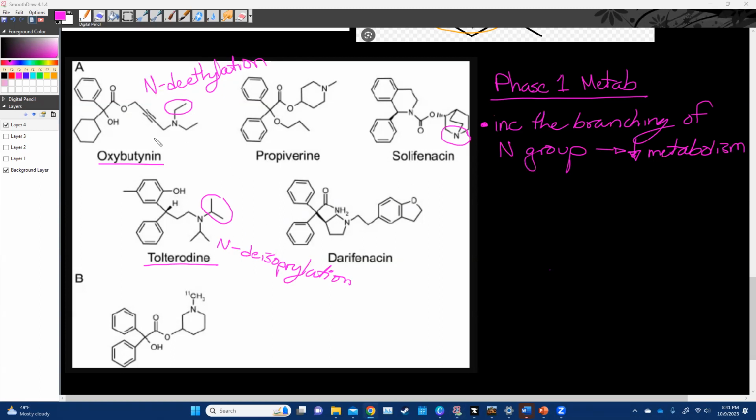So out of those three drugs, oxybutynin, tolterodine, and solifenacin, which one is going to have the lowest metabolism? Which one is going to be resisting metabolism the most? Solifenacin, right? Why? Because it doesn't have one of the pathways.